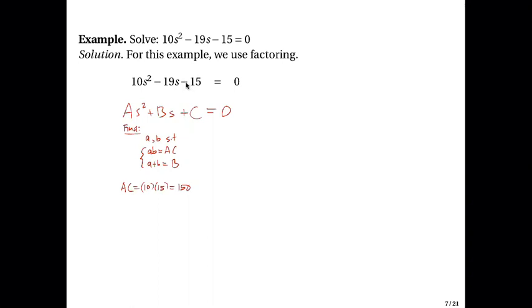Oh, by the way, that should be minus here. So minus 15 in here, so negative 150. So we want to find pairs for negative 150 such that the sum of those pairs equals minus 19.